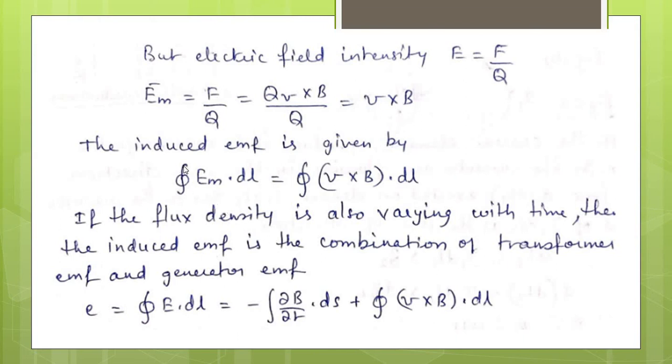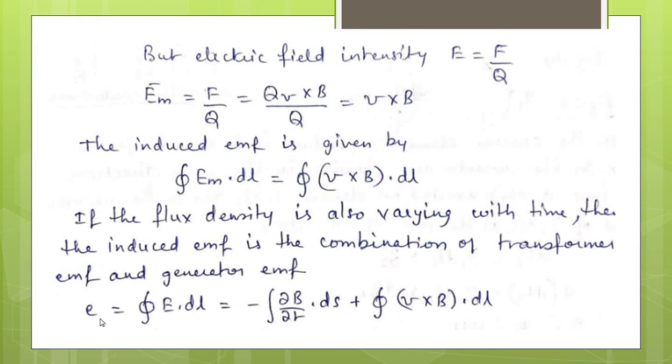The equation for induced EMF is closed line integral of E_m dot dl, and in place of E_m we can write V cross B dot dl. Now if the flux density or the magnetic field is also varying with respect to time, then the induced EMF will be the combination of the transformer EMF and the generator EMF.